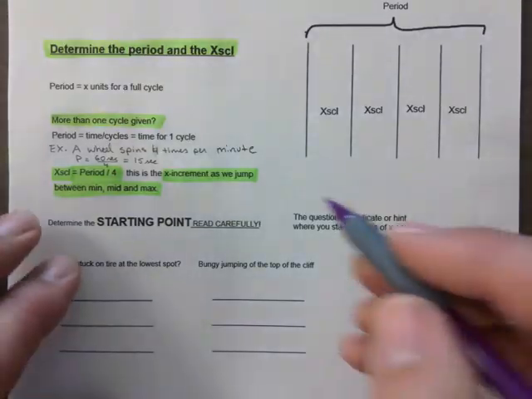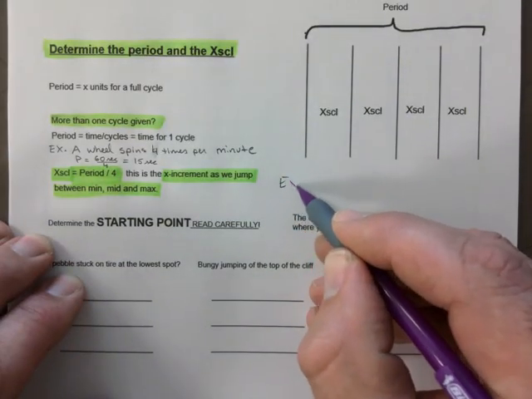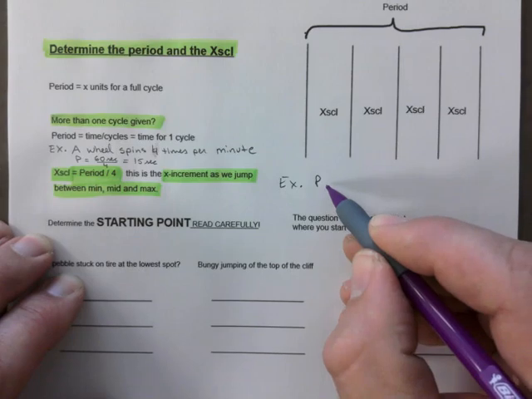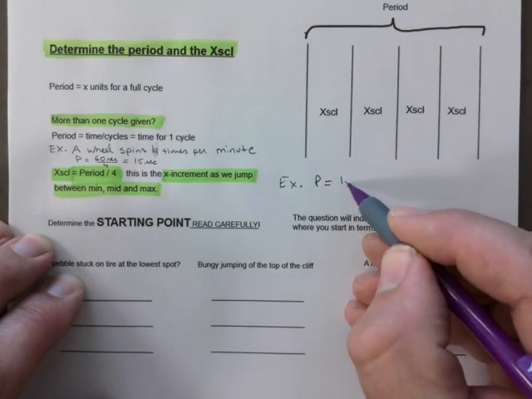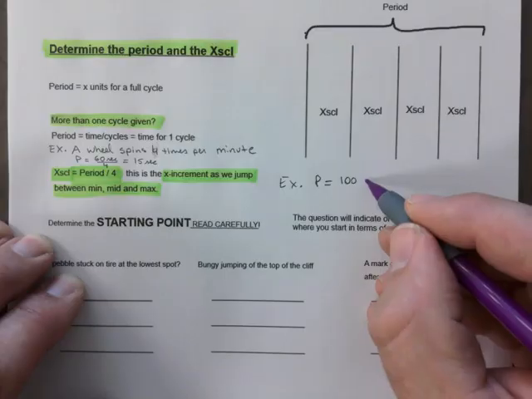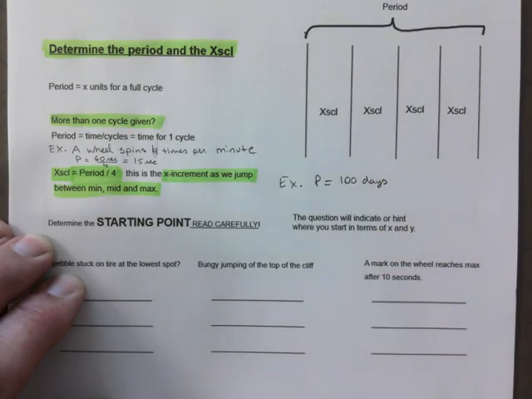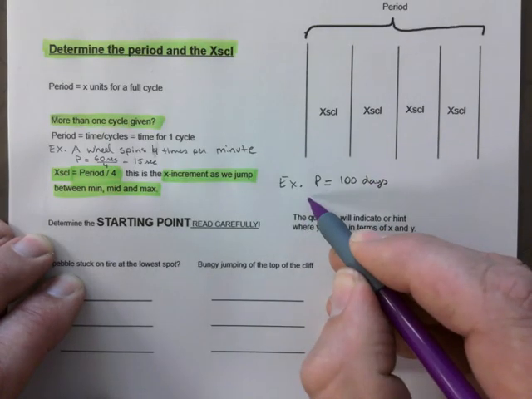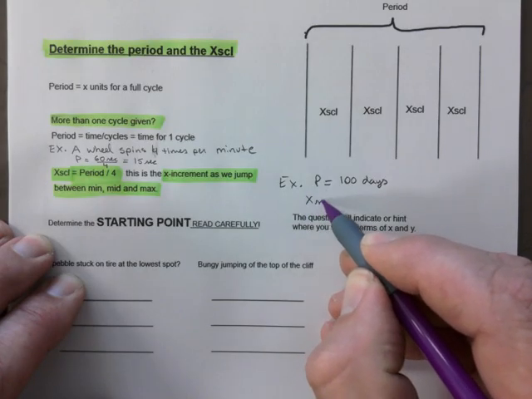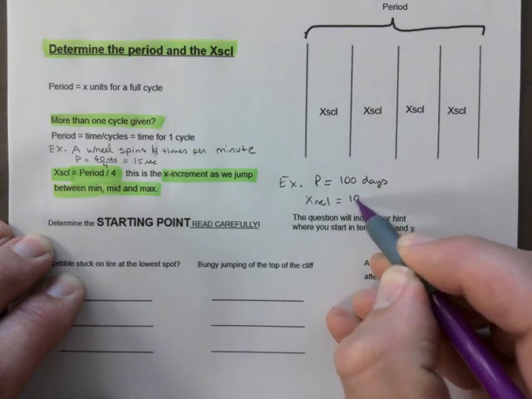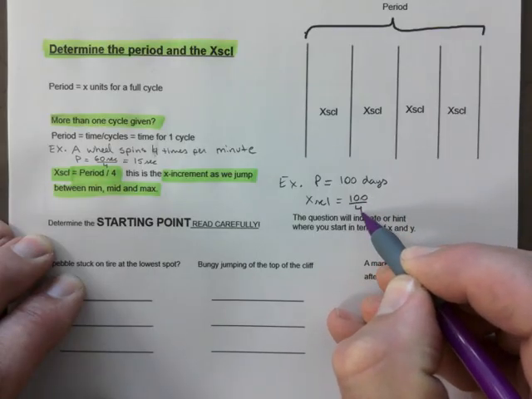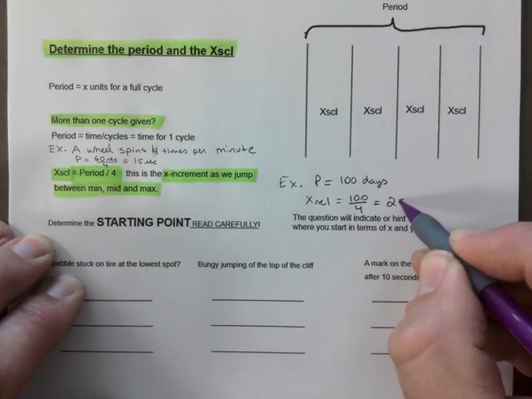So we're going to split it. For example, if period is, let's say, 100 days, then the x scale is going to be 100 divided by 4. It's always going to be divided by 4. So it's 25 days.